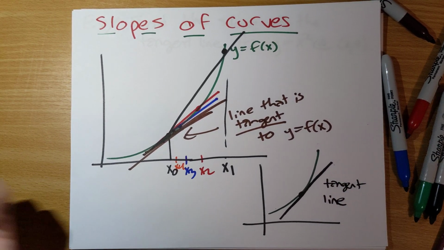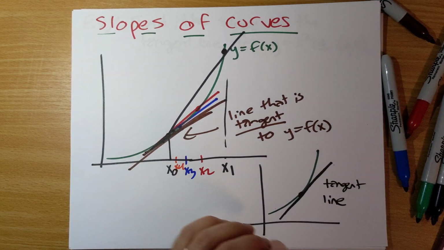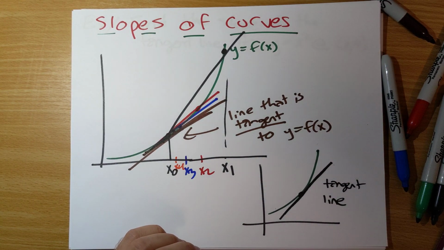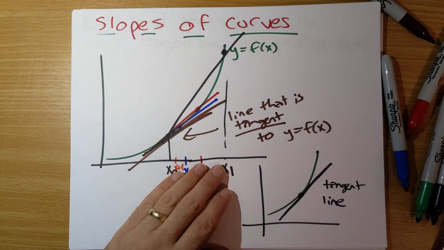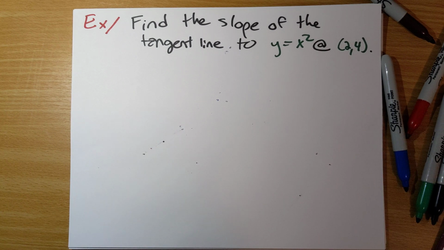Okay, so this gives you an idea of what we are talking about with tangent lines. Let's go ahead and try to work out an example at a particular point. Let's find the slope of the tangent line to y equals x squared at the point (2, 4).